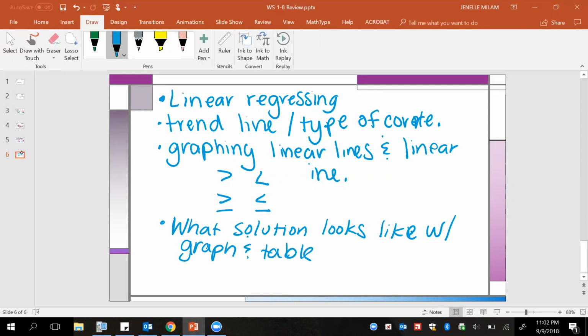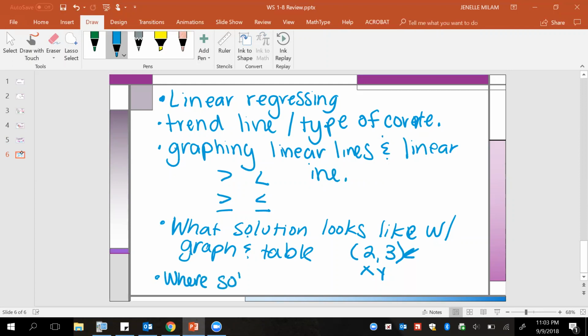Okay, as well as how to write it. So make sure it's written as a point. So like 2, 3, it needs an X, a Y, and your parentheses. Okay, and then where solutions are on inequality graphs.